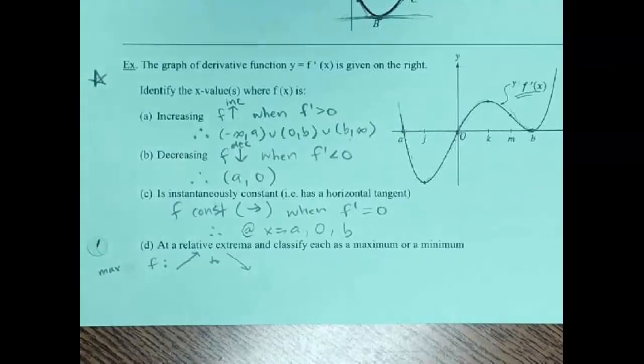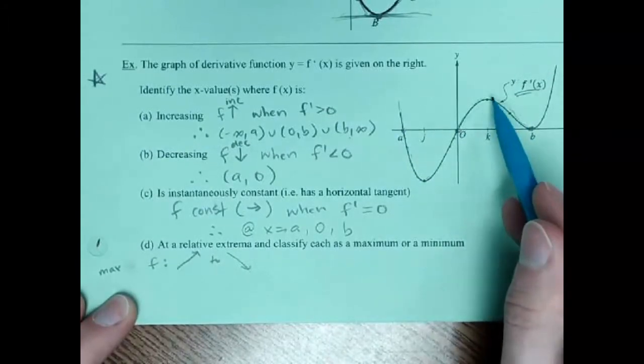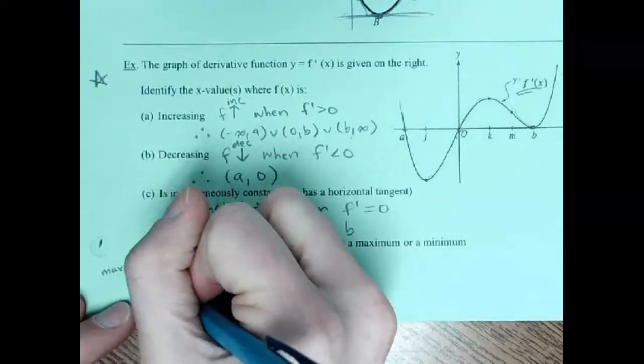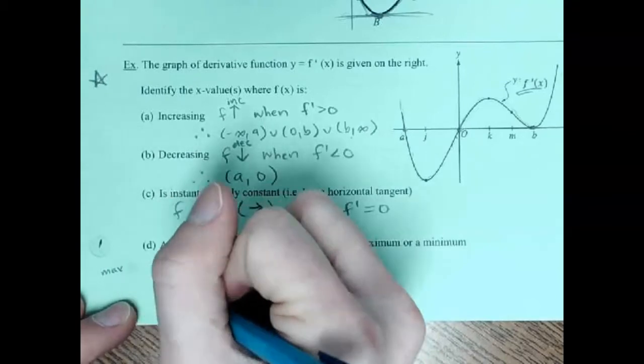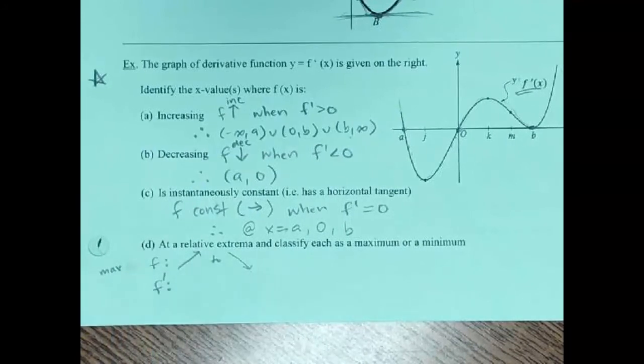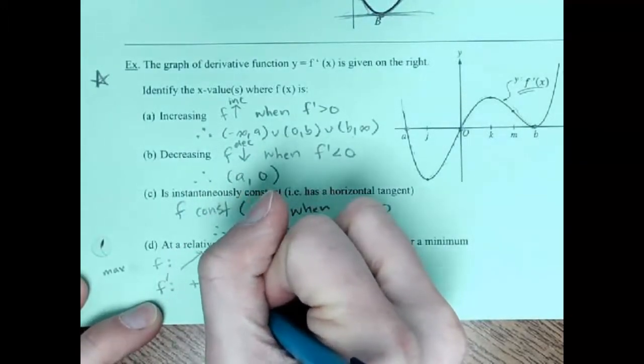That's great. Now, if this graph was labeled as f, you could easily see where the maximum is. But remember, that's not f, that's f prime. So we somehow have to figure out how I can answer questions about f prime. So let's see, I know I'd have a maximum when f changes from increasing to decreasing. That means the derivative, aka the slope, is going to have to change from positive to negative.